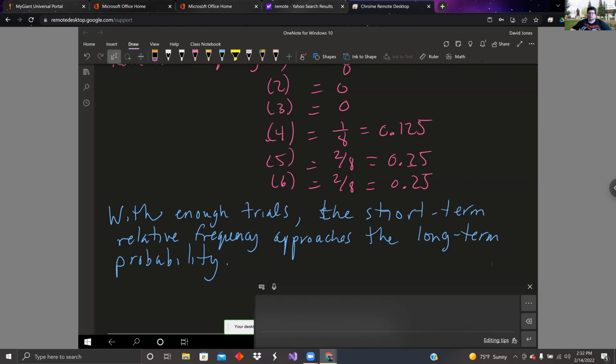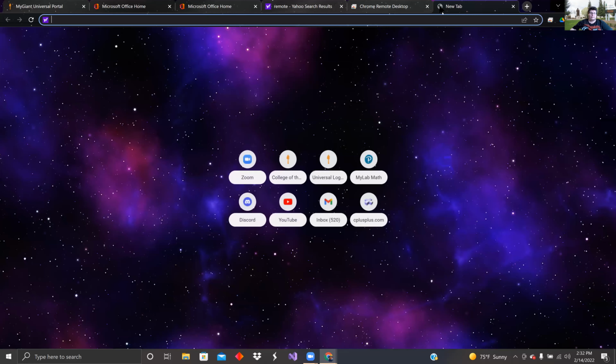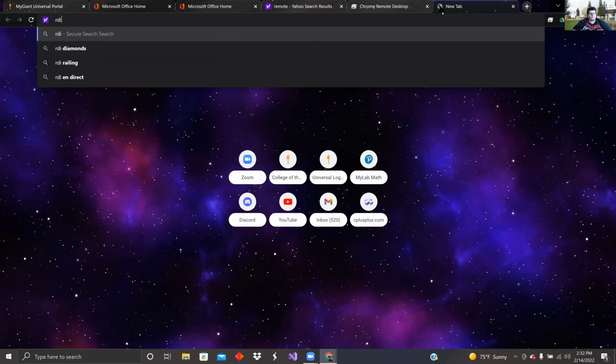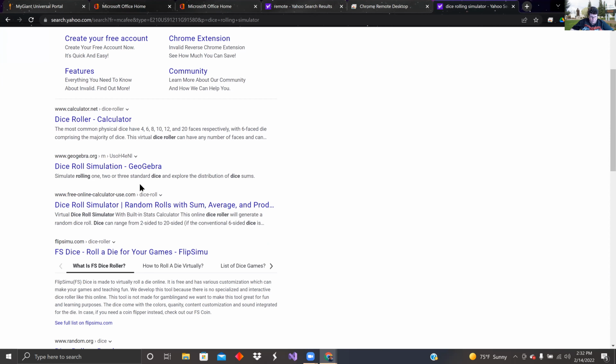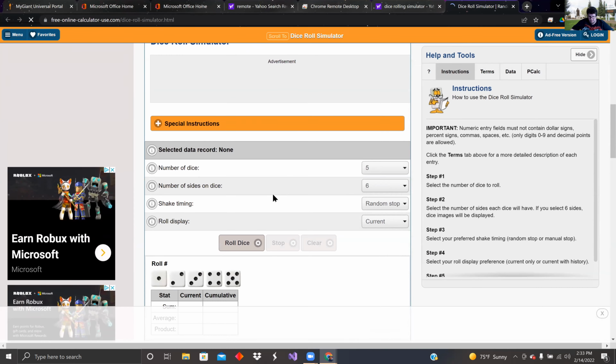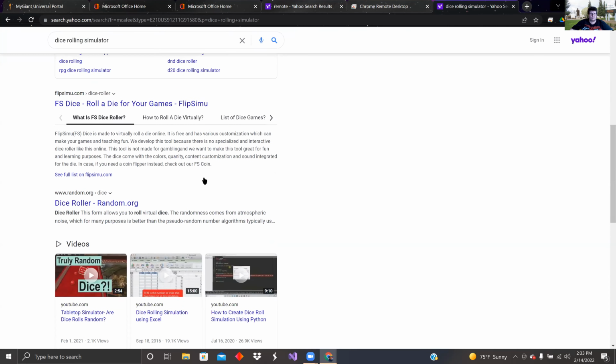And let's take a look at how that works. Let's see if I can find a good dice simulator. How does this work? So, oh, that's not enough dice. Let's choose one that's got a lot of dice. Ooh, dice roll random might.